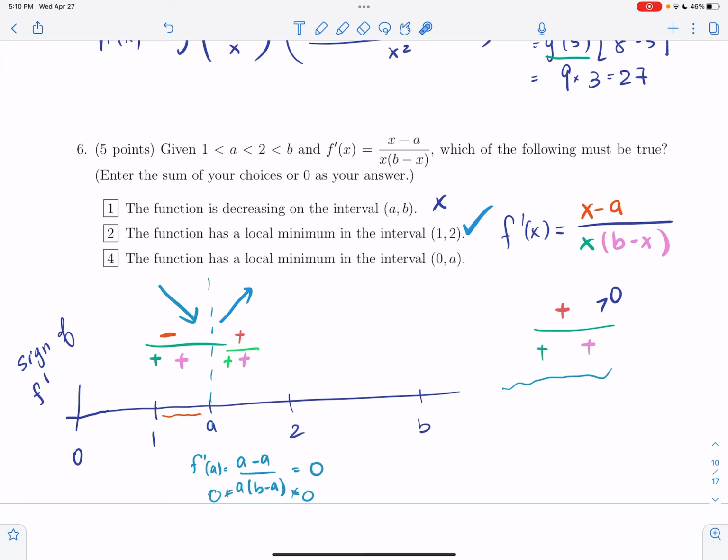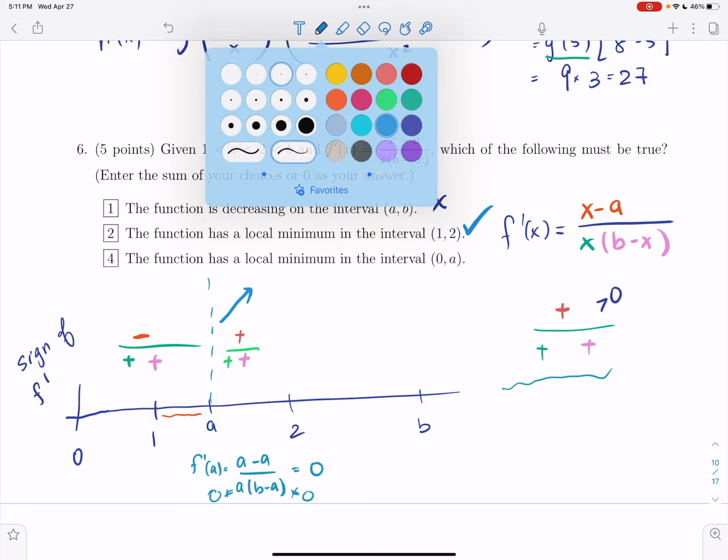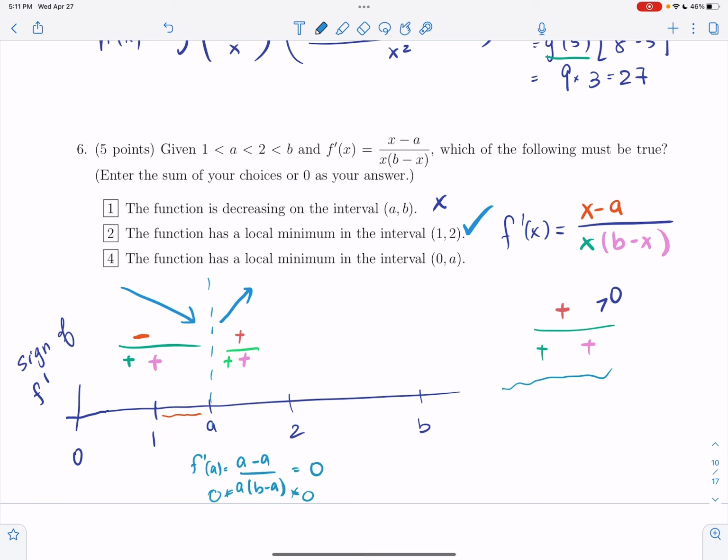X is positive because you're in the open interval 0 to a, and b minus x is positive. So over this whole interval 0 to a, the function's decreasing. So I could draw this arrow like this. So that is not true. You can only deduce that f has a local minimum in the interval 1 to 2. Okay? What did you do over here?